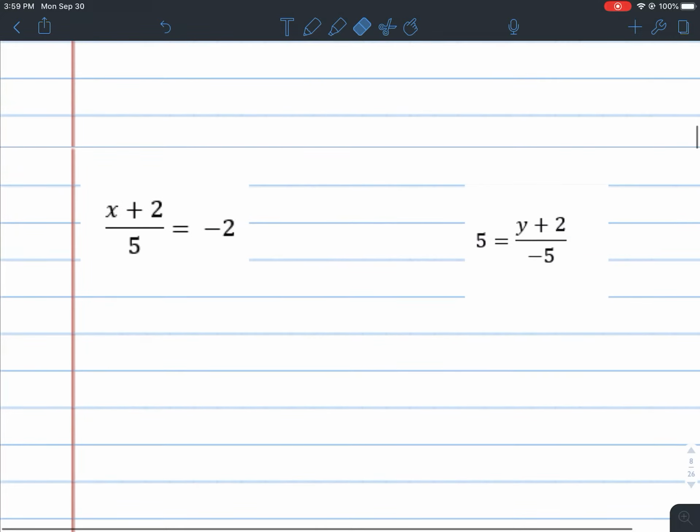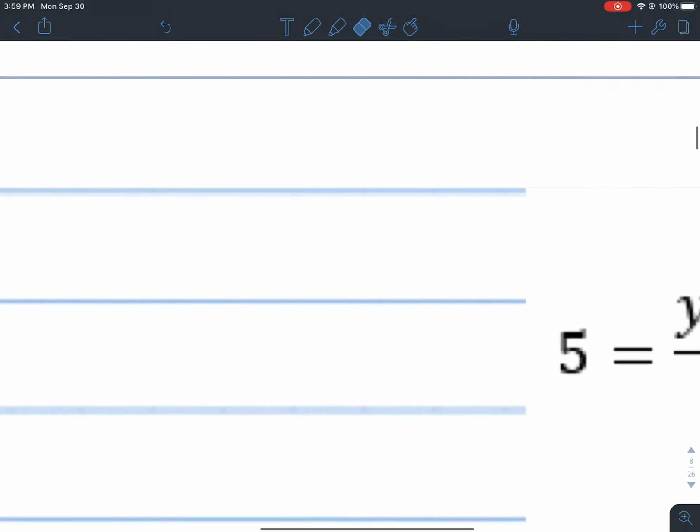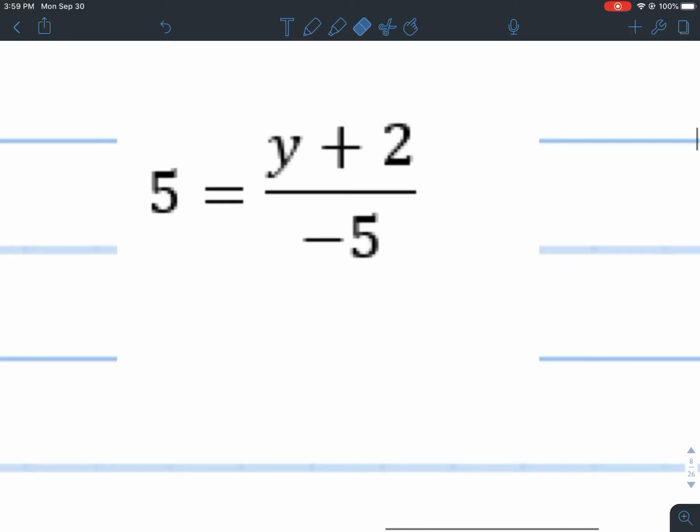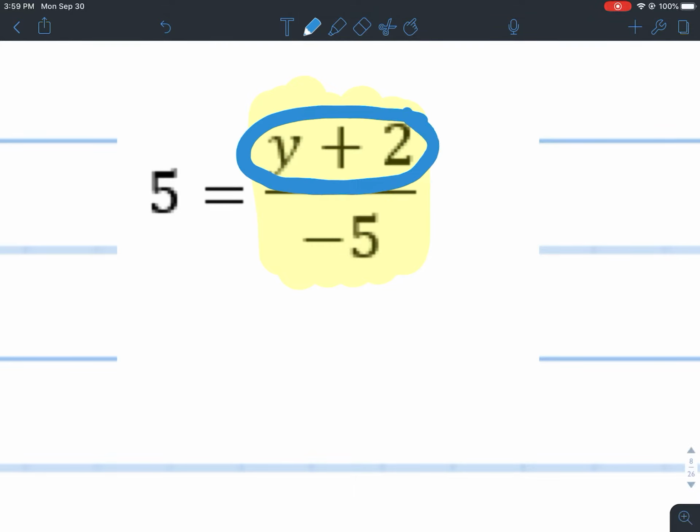Okay, one more. When you have a problem like this, there is some adding and dividing on the same side. Whatever your answer to this is, when we divide it by -5, we get 5. So we actually can't touch this 2 until the denominator is not there anymore, or it's a 1.